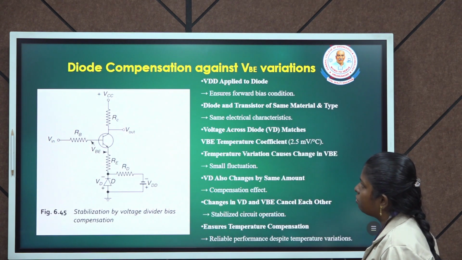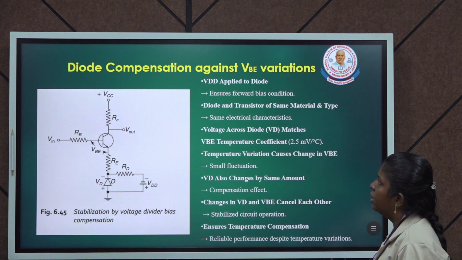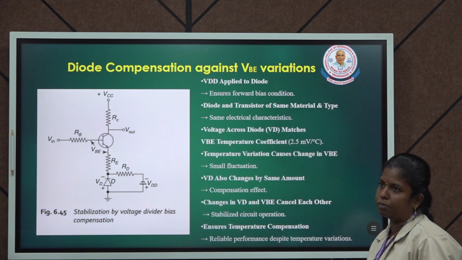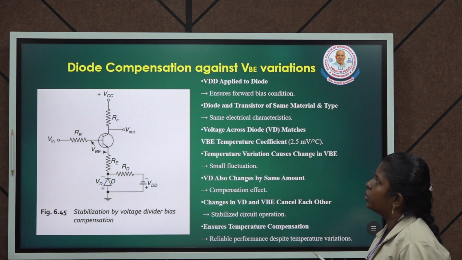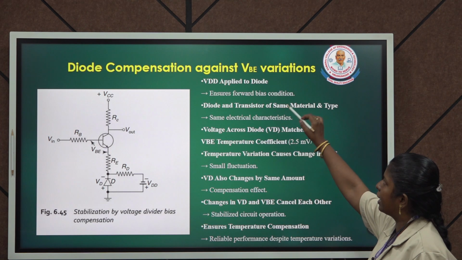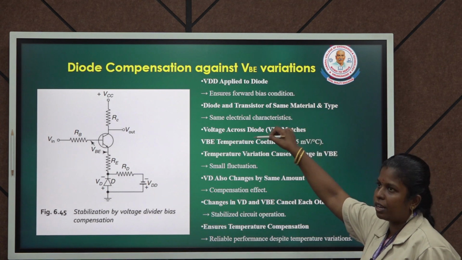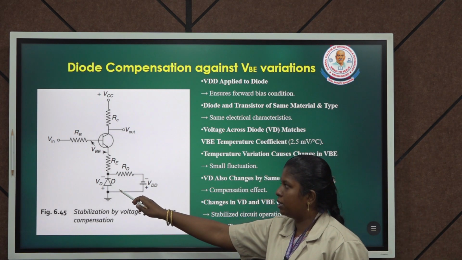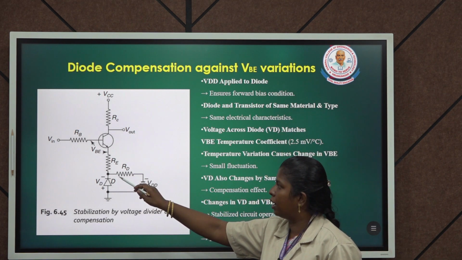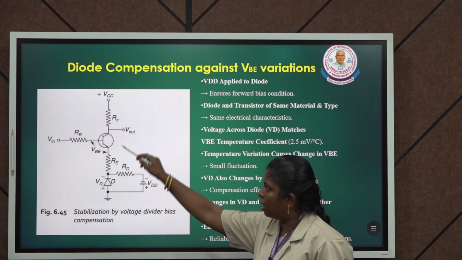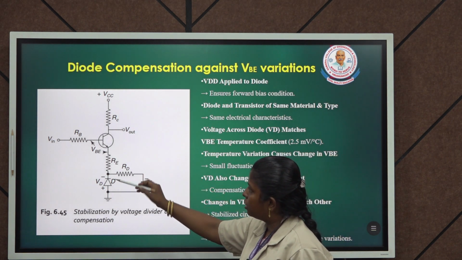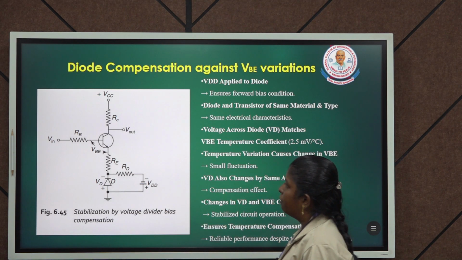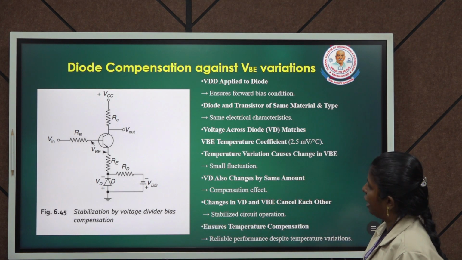The diode compensation method is another compensation method used in electronic circuits. Here the diode compensation is against VBE variation. Any variation across VBE will be compensated by inserting the diode into the emitter part, and this diode should be of a material that cancels the effect.